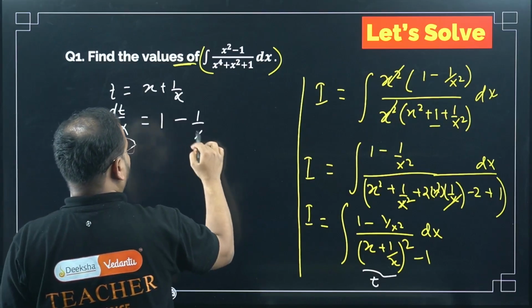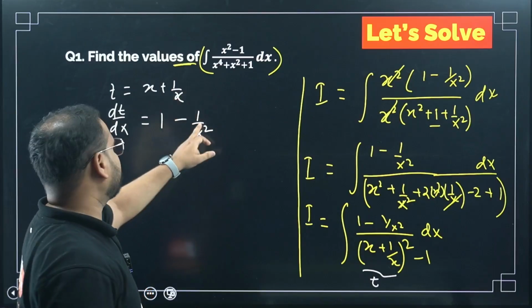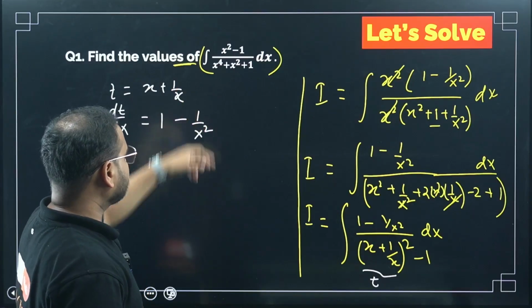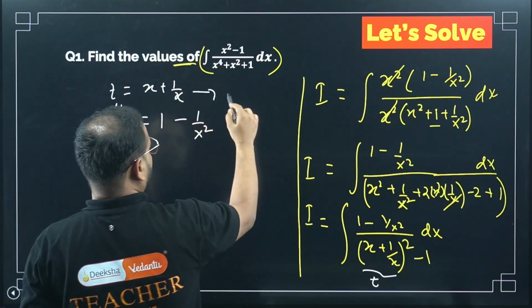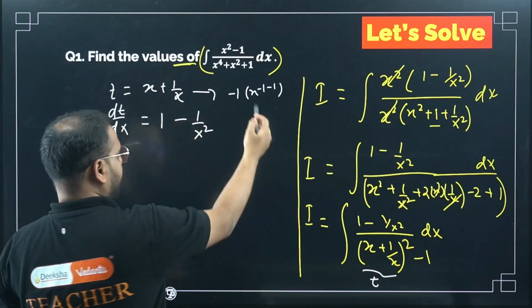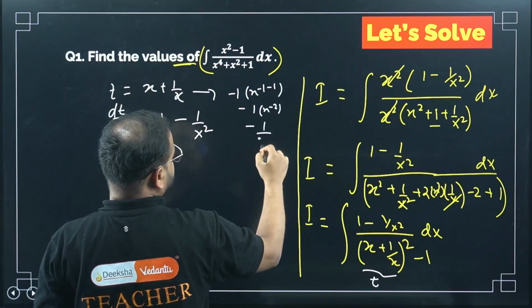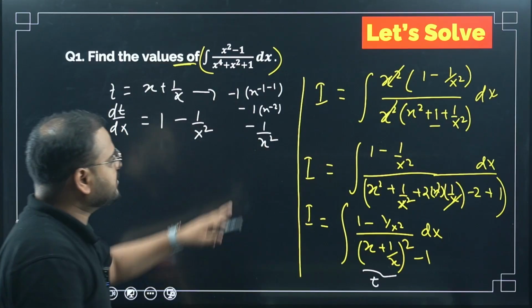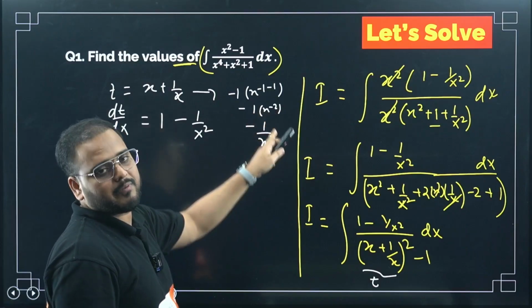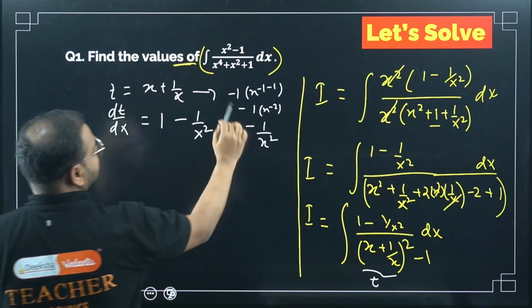Minus 1 upon x square. Differentiation, you know, x power minus 1 will come, you'll take the minus 1 over here, and x power minus 2 will be given by 1 upon x power 2, okay.